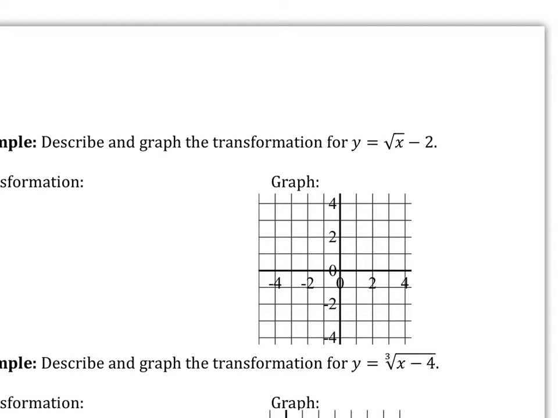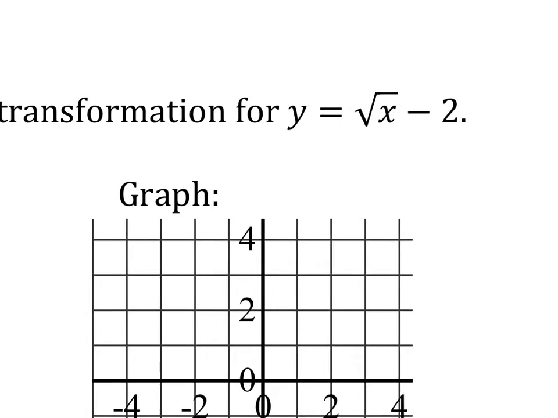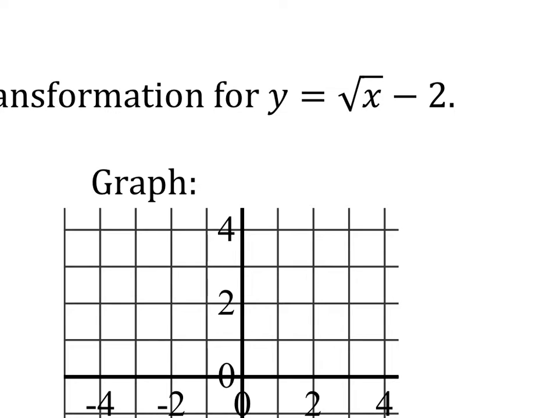Let's look at this first one. Square root of x minus 2. What is the parent function? Square root x. So what does the minus 2 do? Up, down, left, and right? Down. Oh, you guys are good. Down 2. All right, so we're going to draw a regular square root function like this. Move down 2.